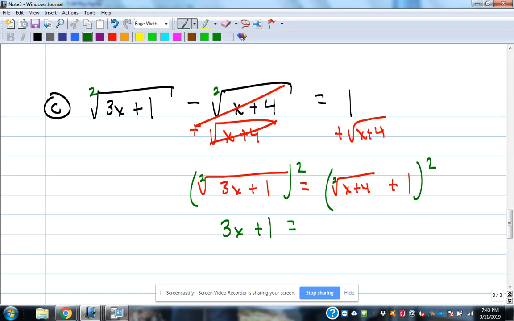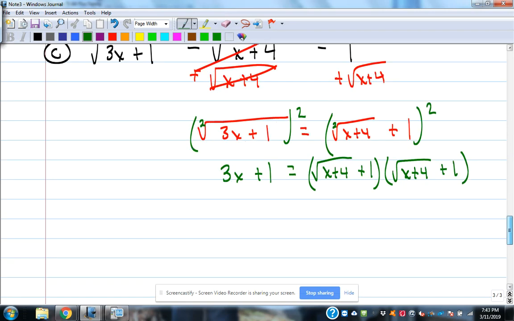What's it mean to square something? Multiply it by itself. So I really have this problem going on. Which is ugly and a little bit long.